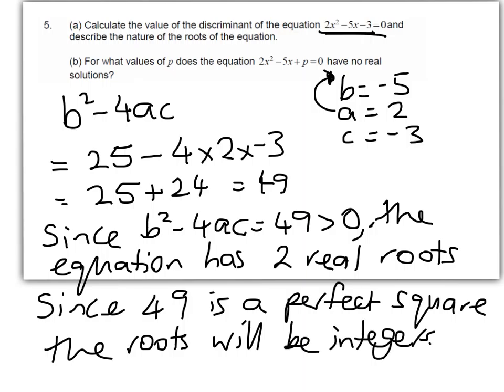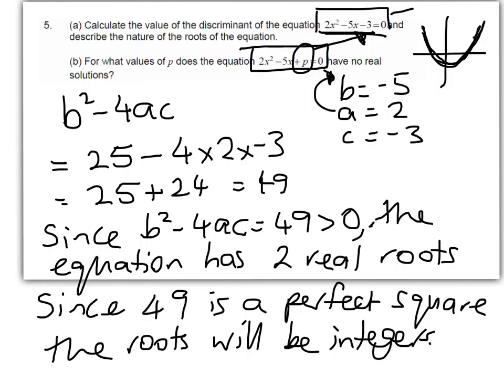Now the next part looks at a related equation, 2x squared minus 5x plus p equals 0. So notice that up here we had a take away 3, and now we just have a general plus p. And we're asked, when will that equation have no real solutions? So this is a specific value of p, right?